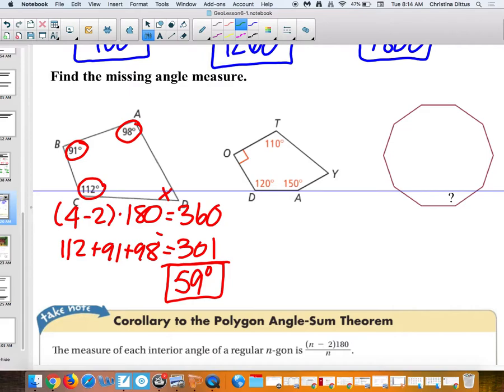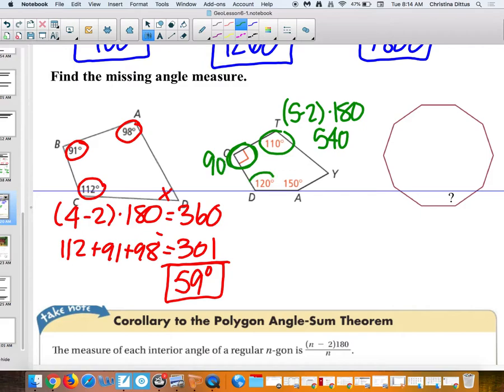How many sides do I have in my next shape? 5. So 5 minus 2 times 180. How many degrees should be in that shape? 540.